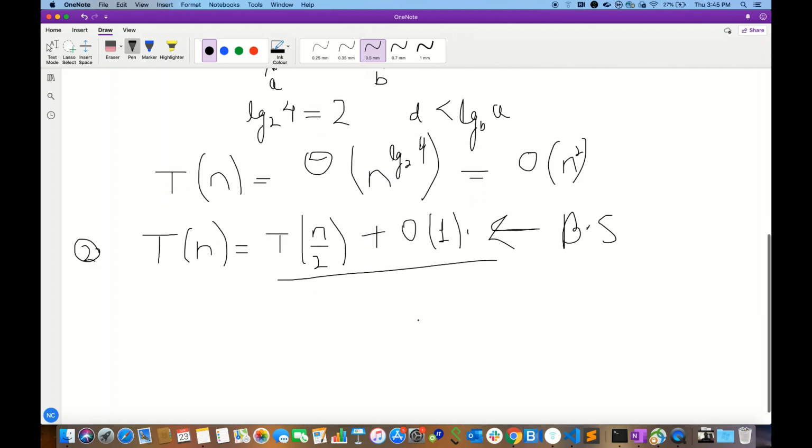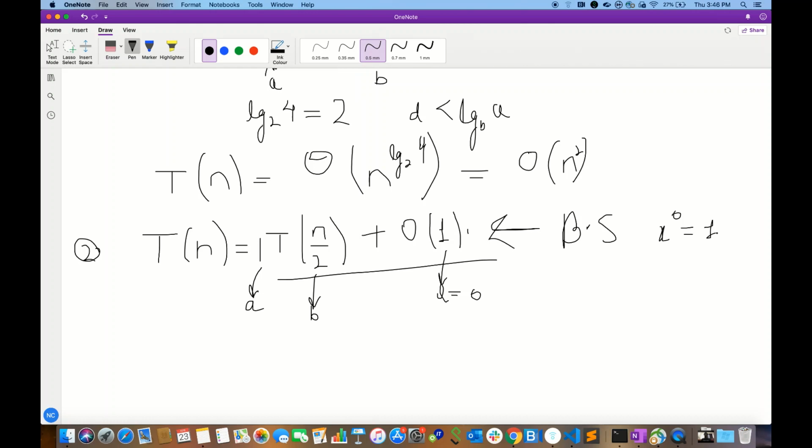So in this case, A will be 1, B will be 2, and D will be 0 because the value is 1. In case we have any number x and it has power of 0, it will get reduced to 1.